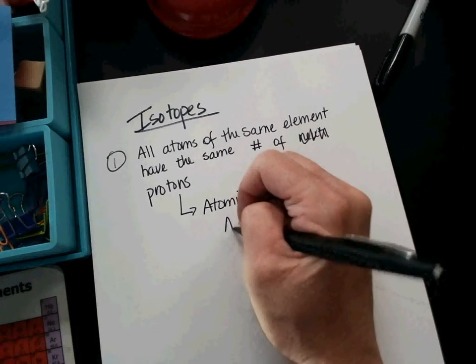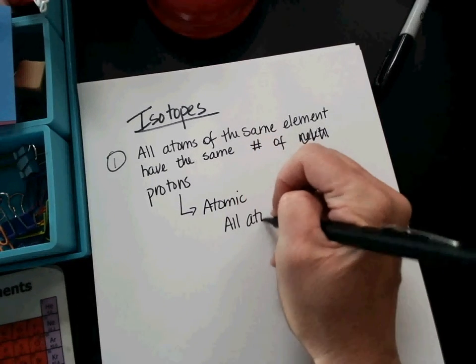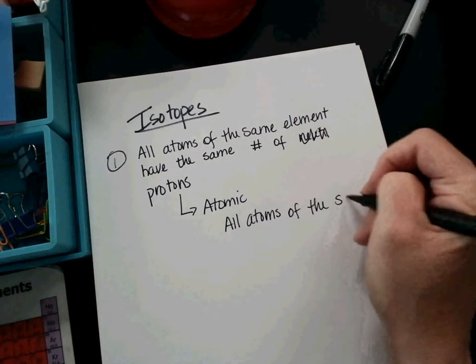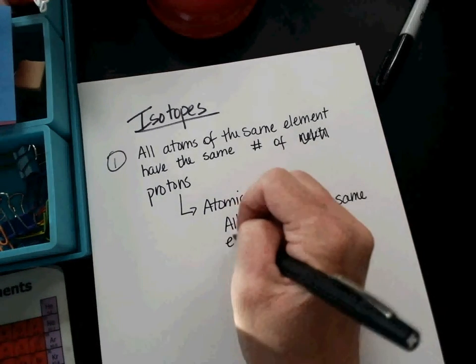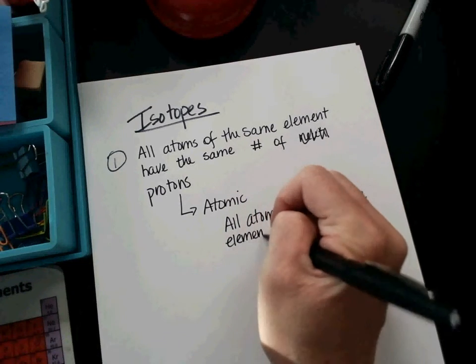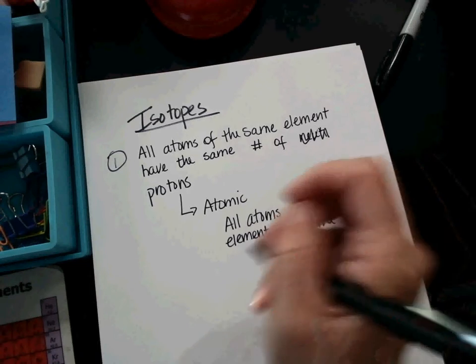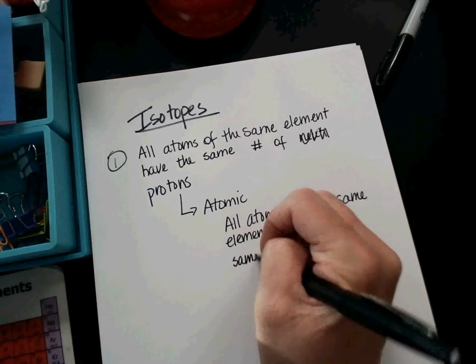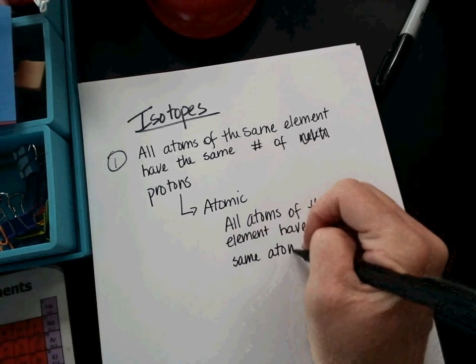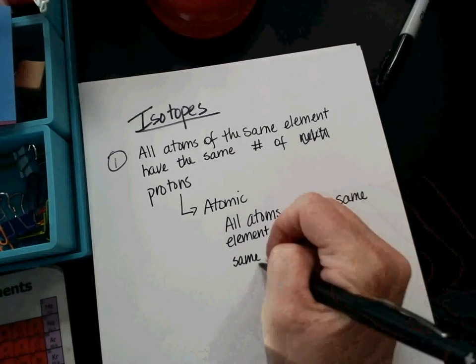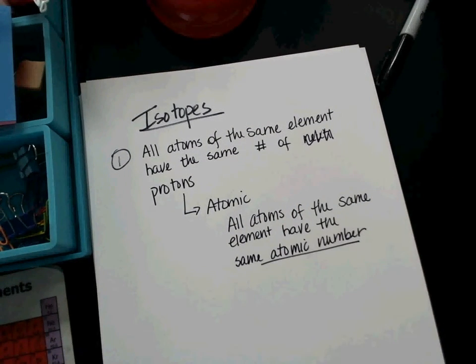So I would say all atoms of the same element have the same atomic number. So that's the first thing you have to remember. Same atomic number.